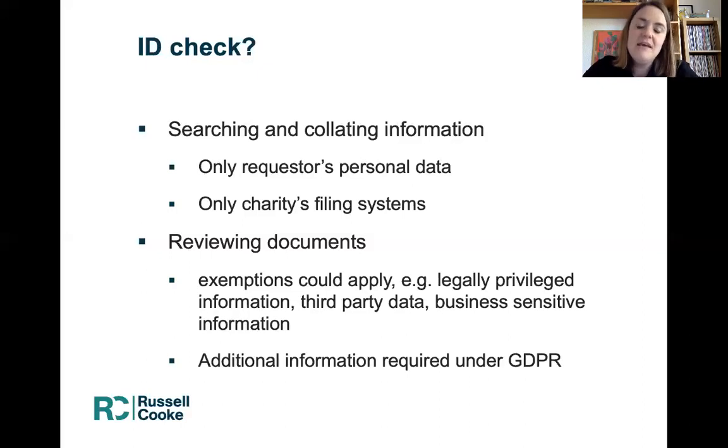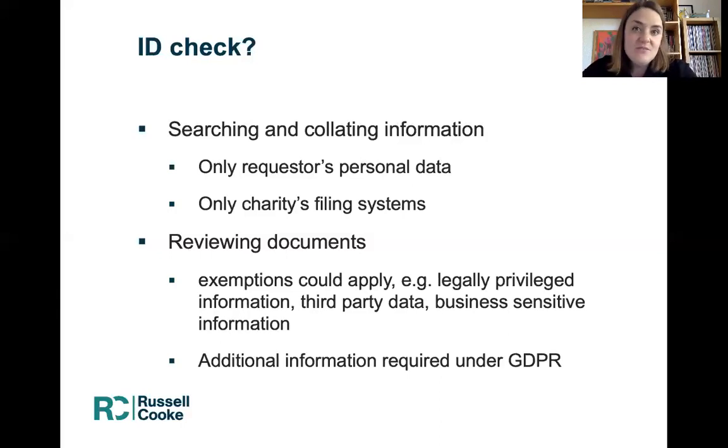And then the second point being that only the charity's filing systems come within the scope of the subject access request. Now, if you cast your mind back right to the start when I gave you the scenario here, she mentions WhatsApp messages. And that's a classic sort of question about whether those WhatsApp messages actually form part of the charity's filing systems or not.